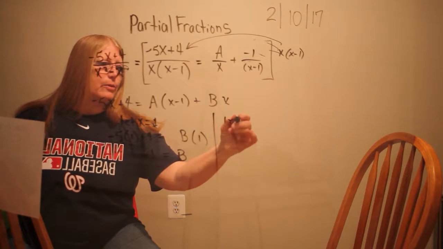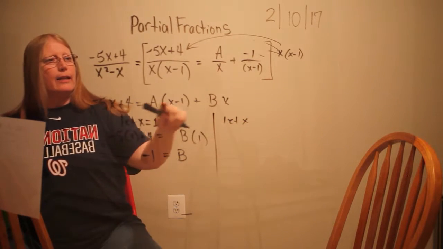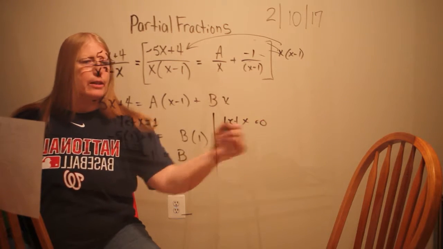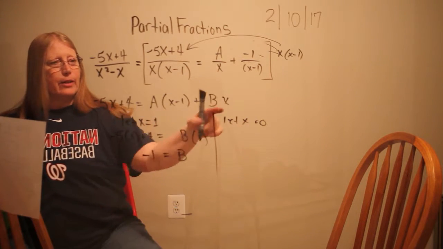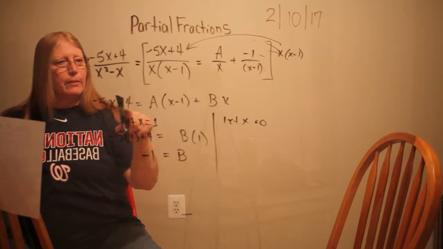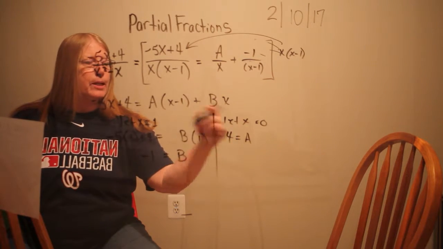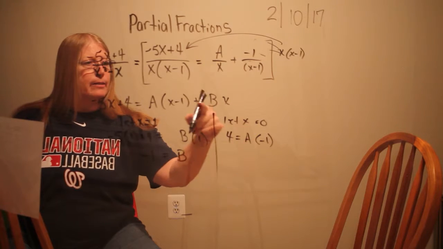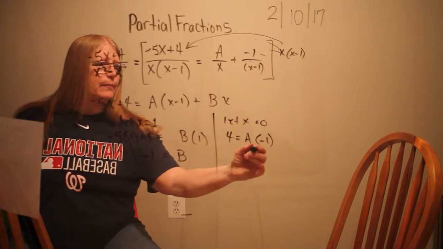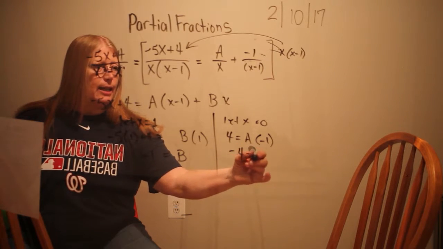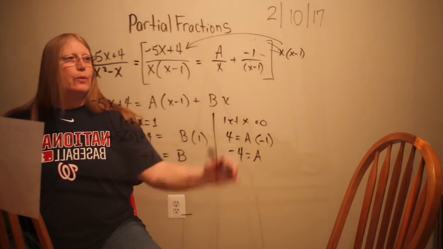Let x equal, scanning here, let's get rid of that term, so we'll let x equal 0. Putting a 0 in as I go across, I get 0 plus 4 equals A times 0 minus 1 plus B times 0, which is 0. Move the negative 1 to the other side, and I get A equals minus 4.